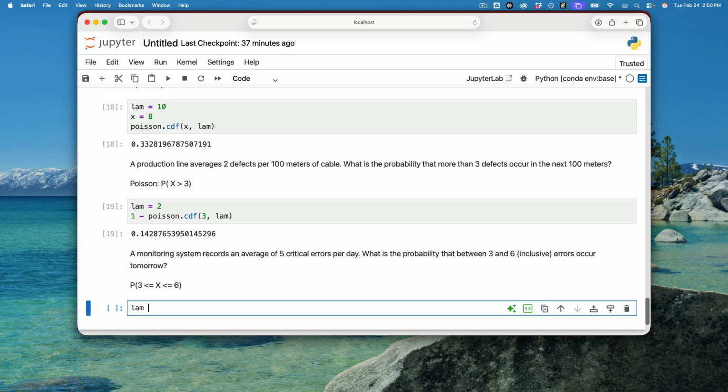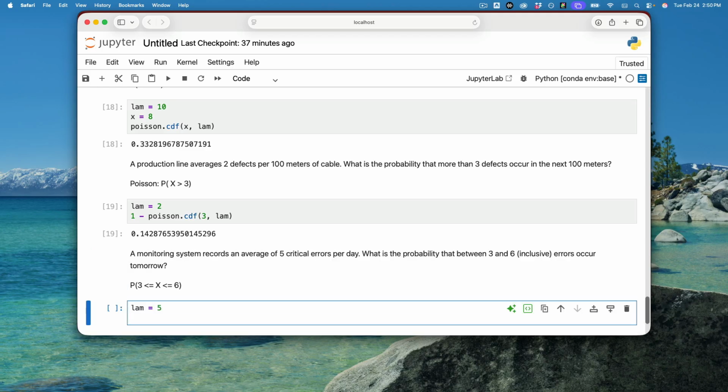And then my lambda is equal to 5. And then this would be Poisson.CDF of 6, lambda. So I'm including the area to the left of 6, including 6, minus the area to the left of 3, excluding 3, right? Because I want to include 3 in my probability. Poisson.CDF of 2, lambda.